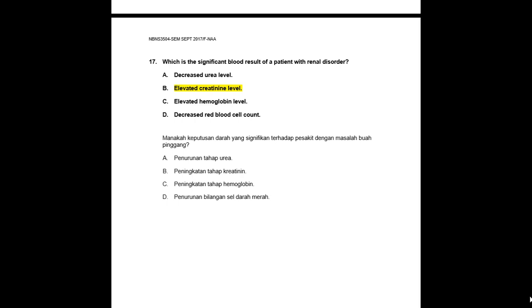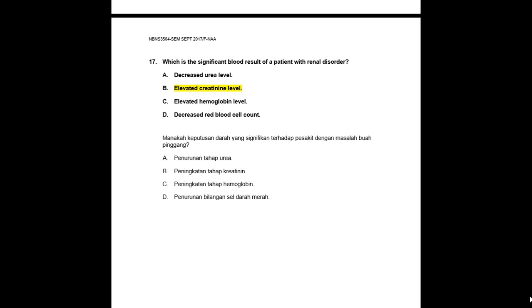Then elevated creatinine level, yes, answer is B. When there is a renal disorder, creatinine level goes up, and in chronic renal disorder hemoglobin level will go down, not increase.